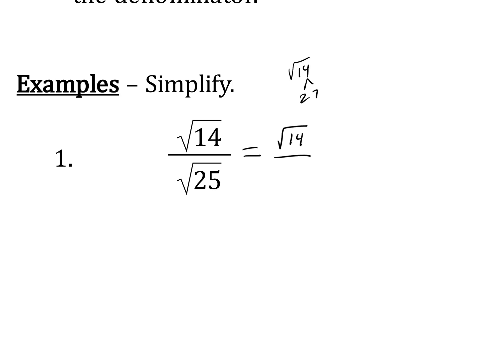But the square root of 25, if you remember your square roots, is 5 times 5. We have a pair, so this automatically equals 5. So this simplifies to the square root of 14 divided by 5. I haven't had to do a whole lot else. This is why it's helpful to know some of your square roots. So this one's pretty straightforward and simple.